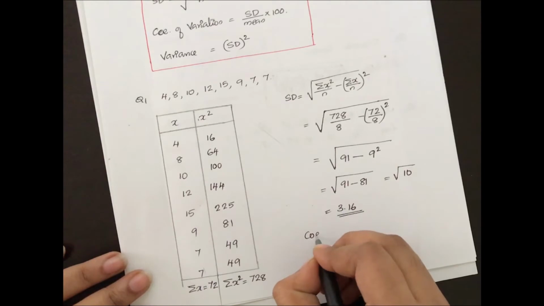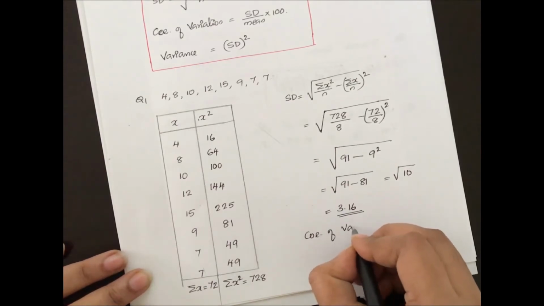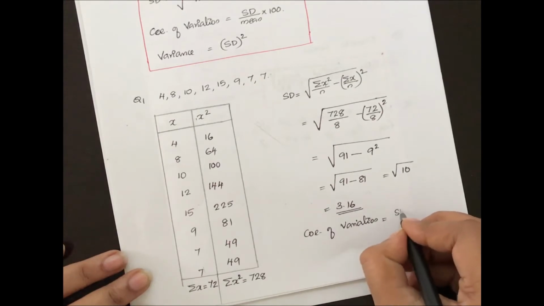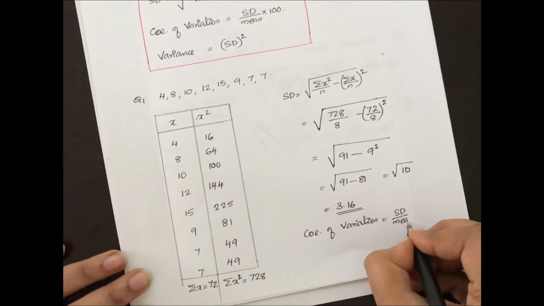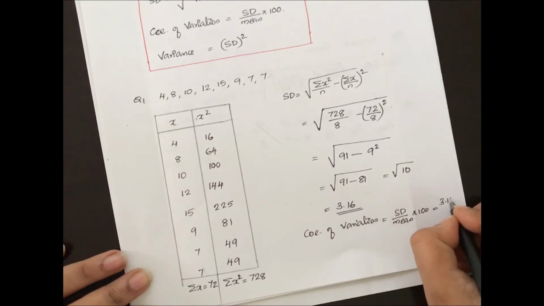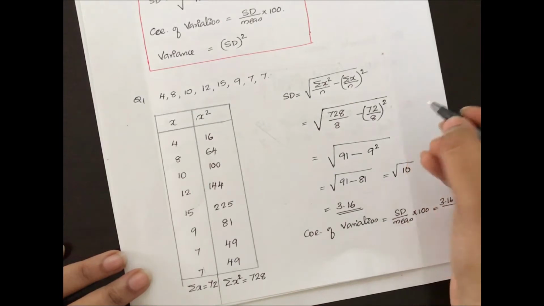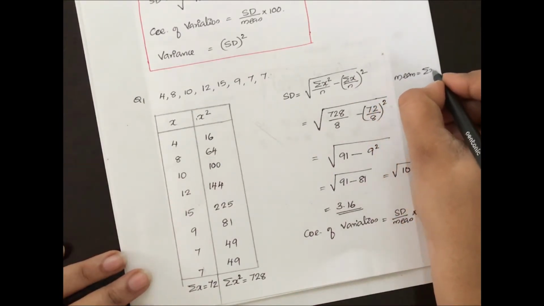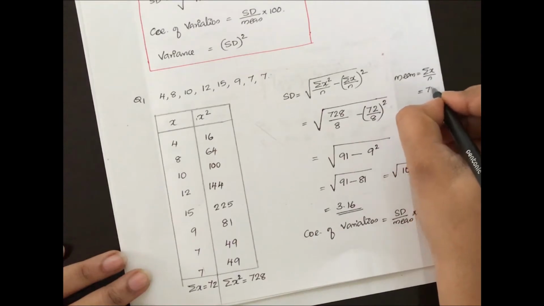Then coefficient of variation is equal to standard deviation divided by mean into 100. So 3.16 divided by the mean, which is summation x by n, that is 72 by 8, that is 9.